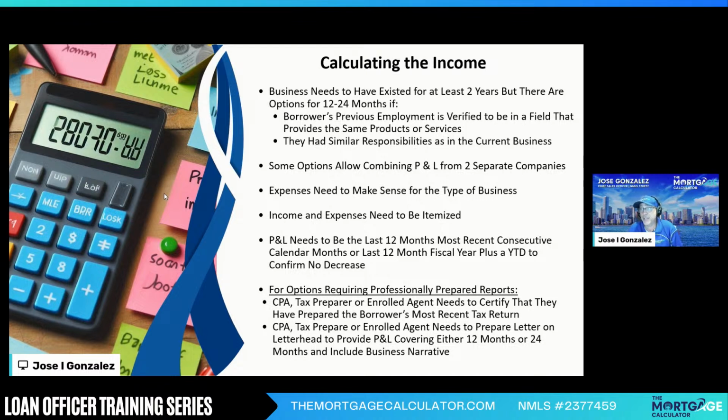The P&L needs to cover the last 12 months, most recent consecutive calendar months, or last 12 months fiscal year plus a year to date to confirm no decrease.